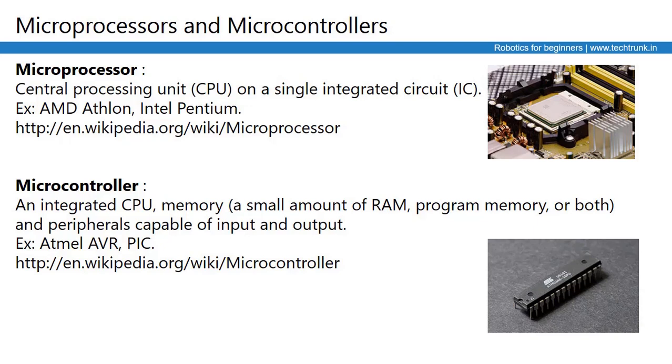Talking about the difference between microcontroller and microprocessor based systems. Microprocessor based systems are relatively large because everything has to be attached separately: separate RAM, separate microprocessor, separate flash memory, and separate input-output ports. Whereas a microcontroller based system is very compact and small in size, because everything is embedded on a single chip.